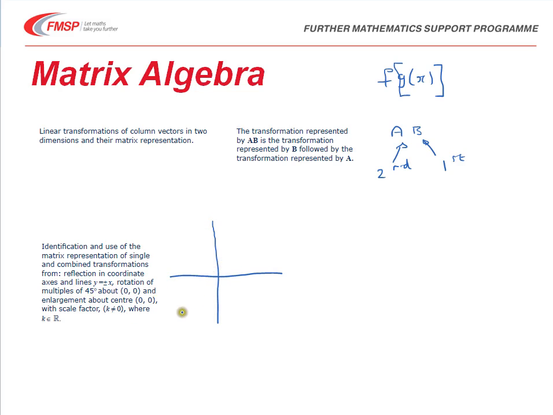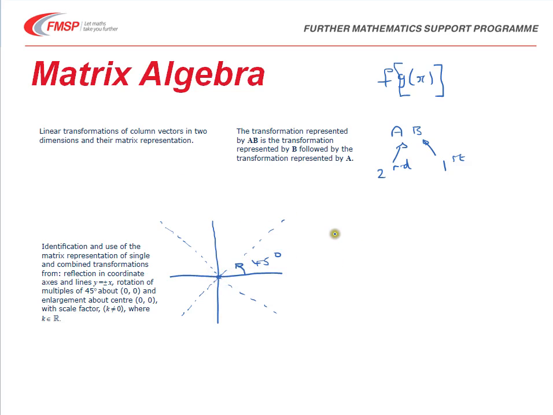So the lines that we're going to be talking about are the axes, or the lines y equals x and y equals negative x for the reflections, and the rotations by multiples, positive or negative, of 45 degrees about the origin.